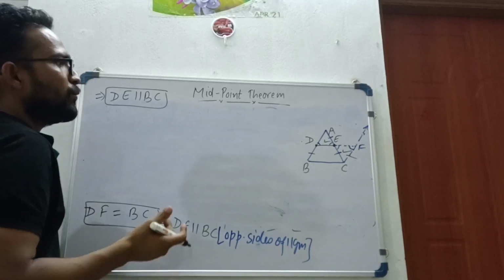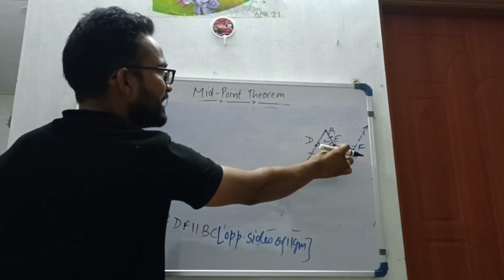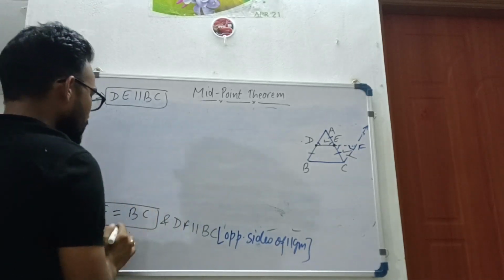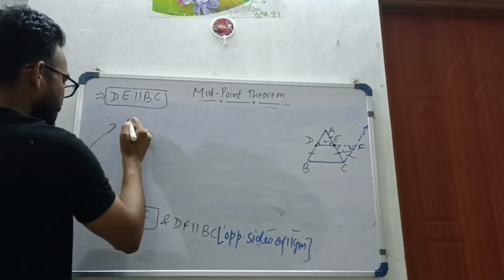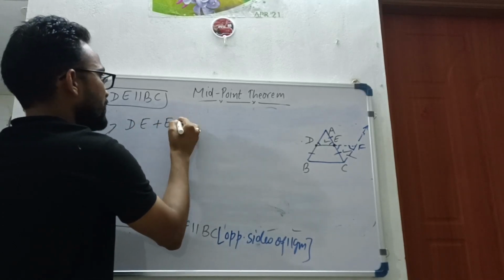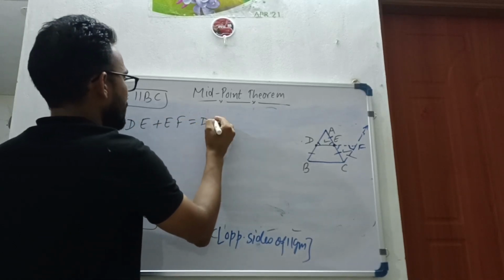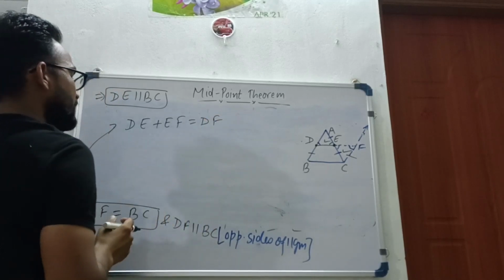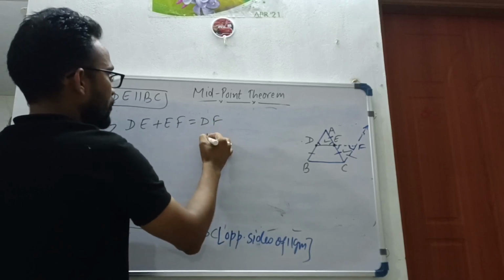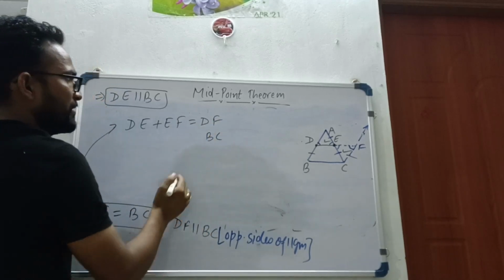In equation 1 we already got that DE is equal to EF. Now since DF is equal to BC, from this we can write DE plus EF is equal to DF, and this DF is equal to BC we got here.